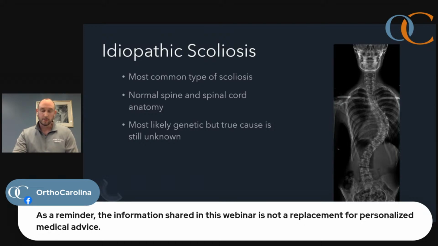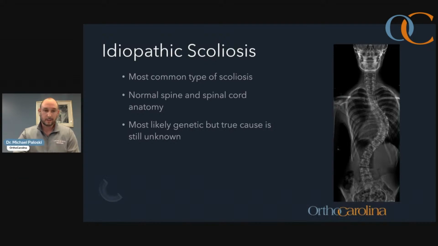Typically, the majority comes on in adolescence, meaning around your early teenage years. And we really don't know what the true cause of it is. We think it's most likely genetic, but there can be other factors that we're looking into. There's research going on here in 2023, almost 2024, trying to figure out, is there something else besides genetics?